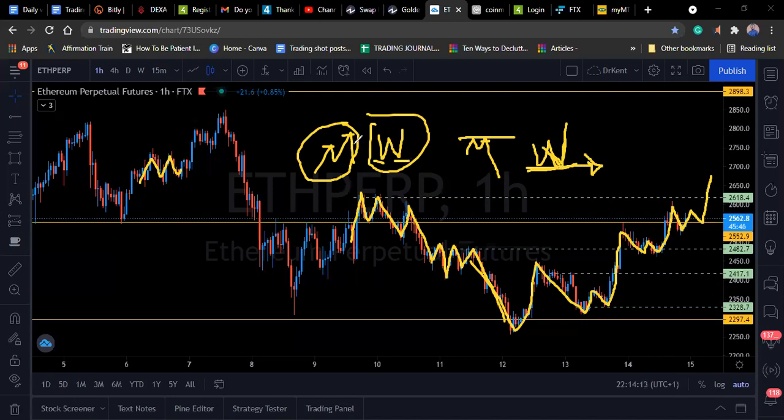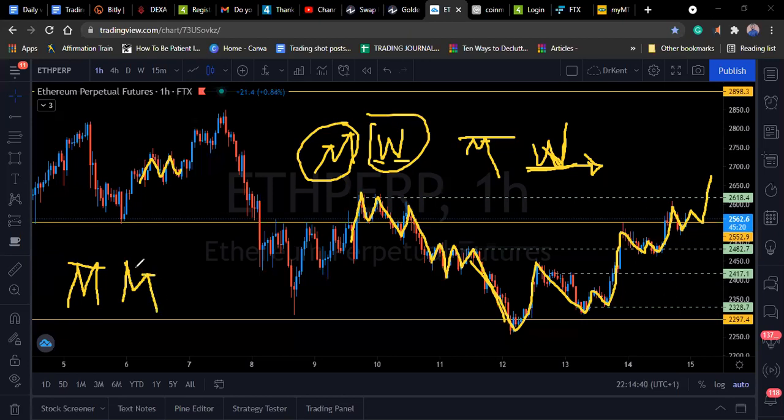Now, there are different variations of double top. You can have an M that is like this, a normal M that has equal tops, meaning the two tops are at the same level. You can have an M that looks like this, that has a lower second top.